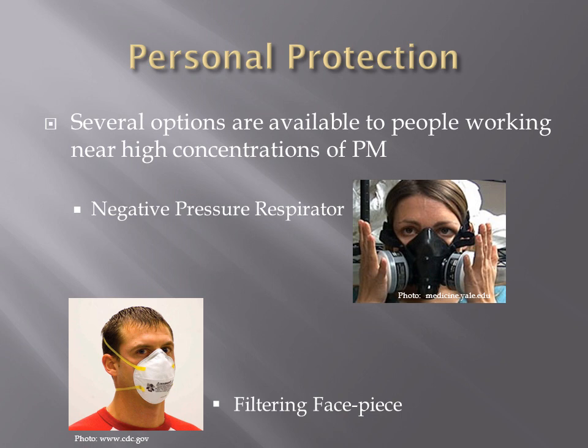The filtering face piece is the most commonly seen in dusty environments, but it does not protect as well as a negative pressure respirator. The main drawback of these methods is that they must be properly fitted to ensure no air leaks. They may also produce a strain on the worker's respiratory system, so it is important that the worker be healthy enough to withstand the extra strain on their respiratory system.